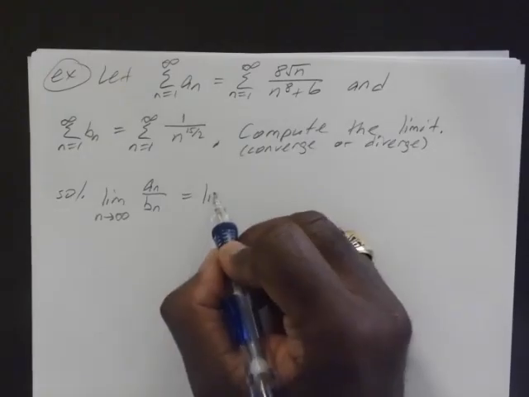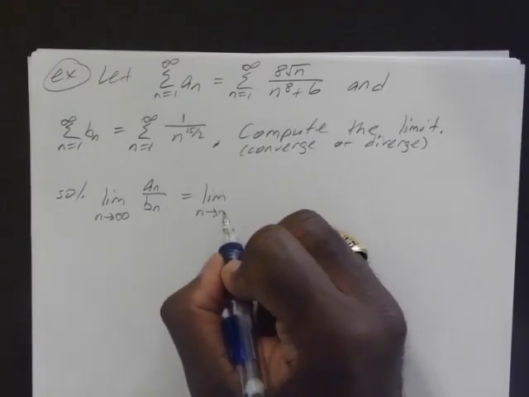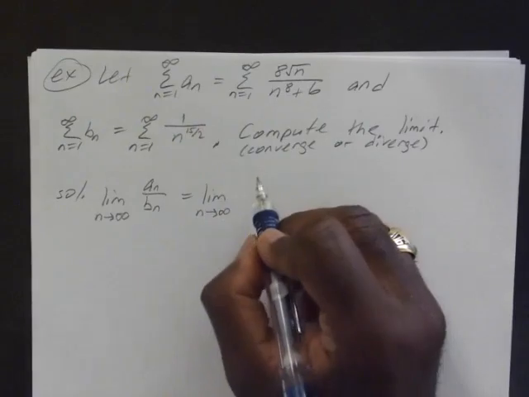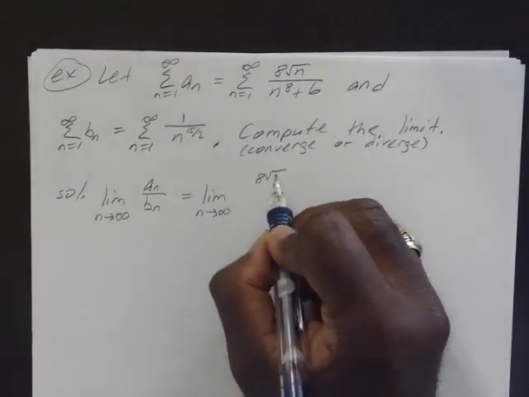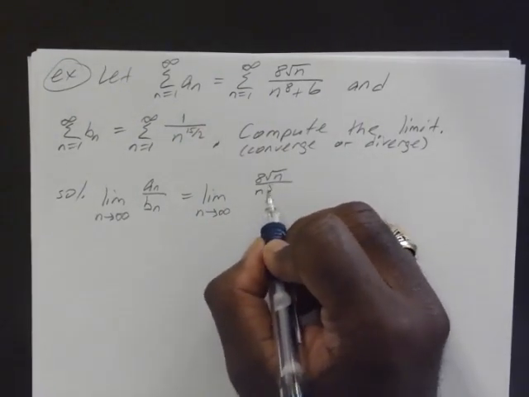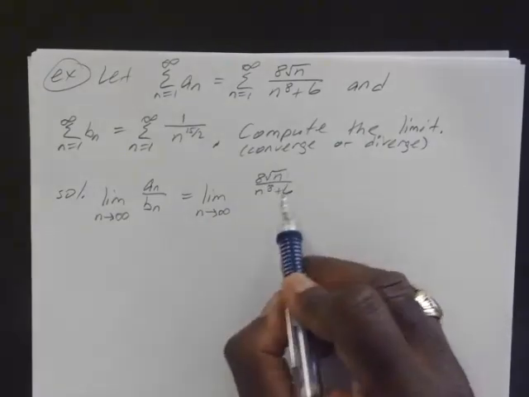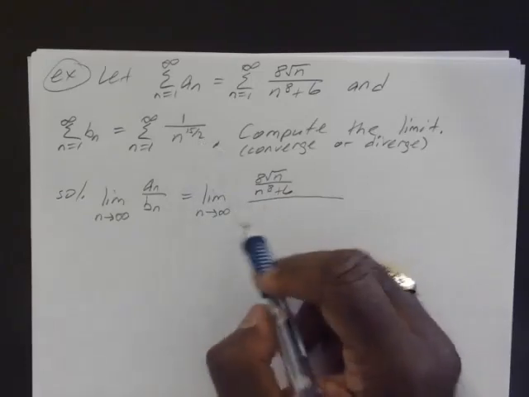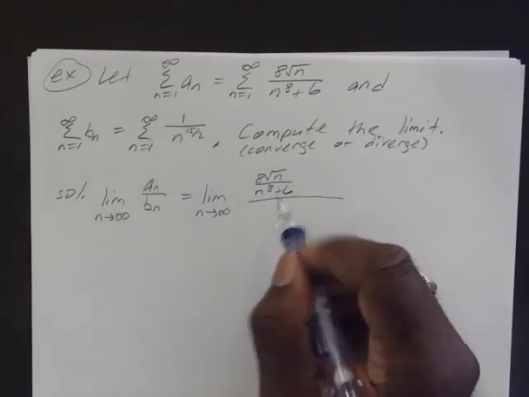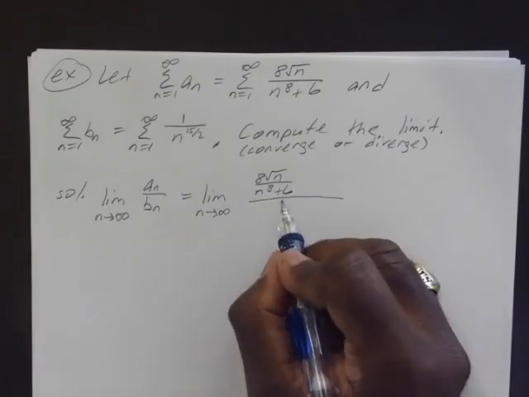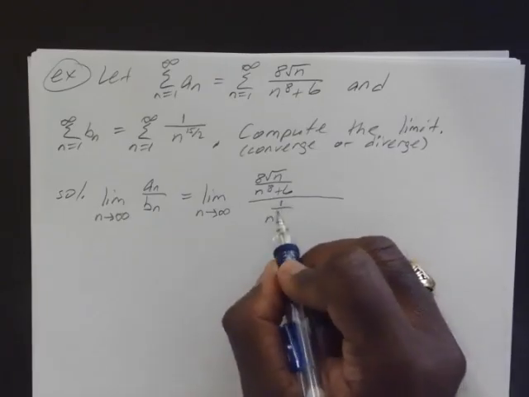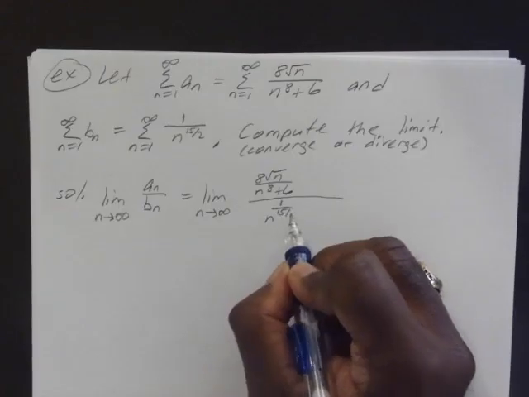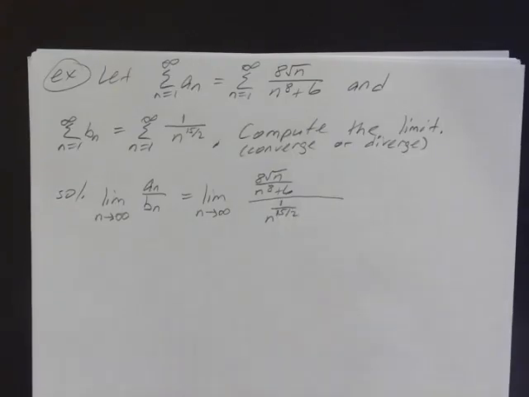That's just going to equal the limit as n approaches infinity of 8 times square root of n divided by n to the 8th power plus 6, divided by 1 over n to the 15 halves power.